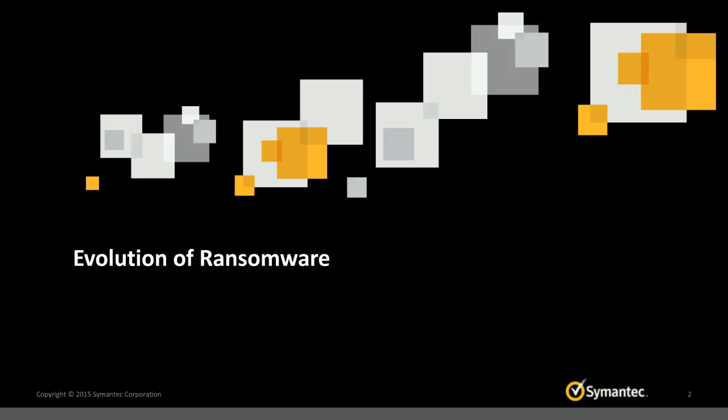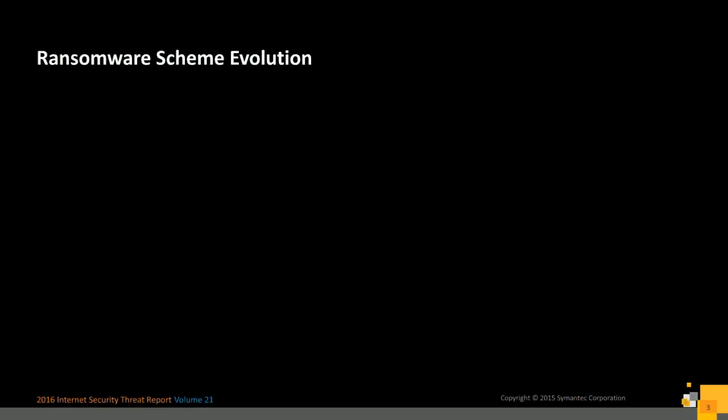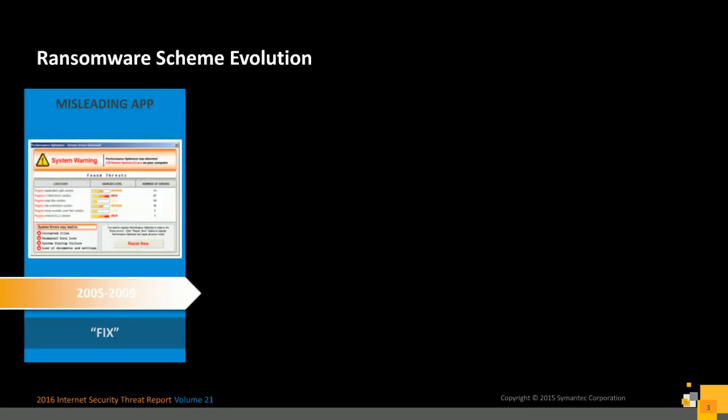We're going to talk first about ransomware evolution. Obviously, it's no surprise that this type of malware has been changing through the years. You've probably all seen something like this screen.